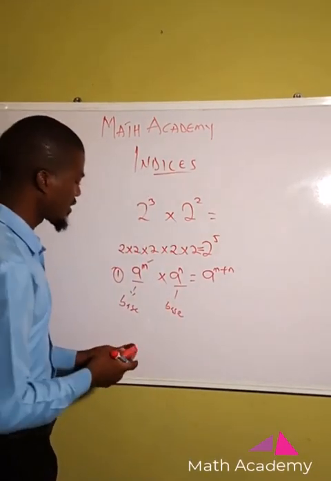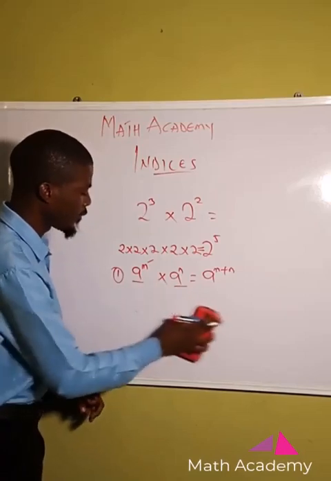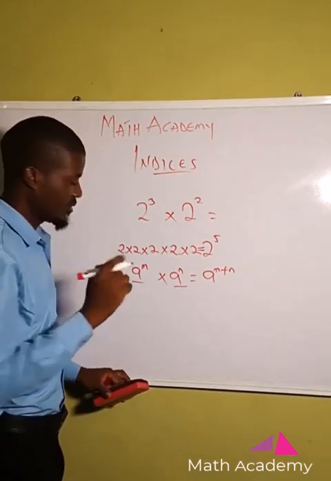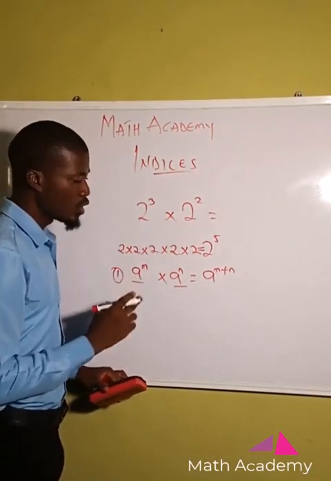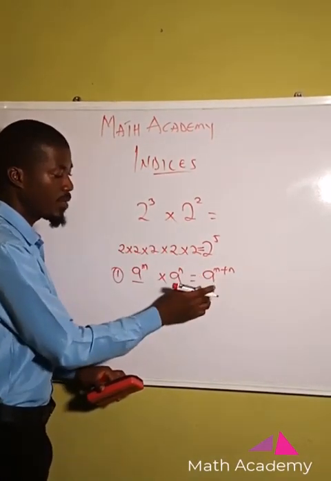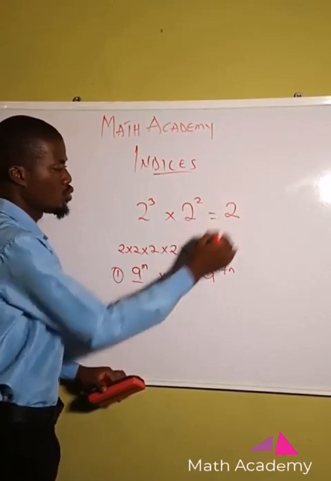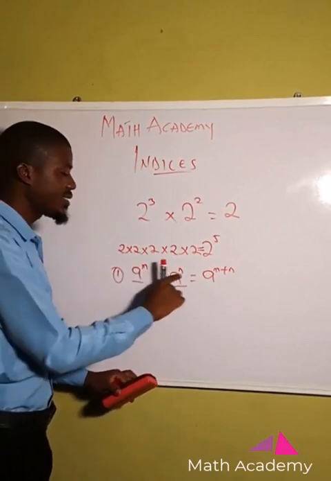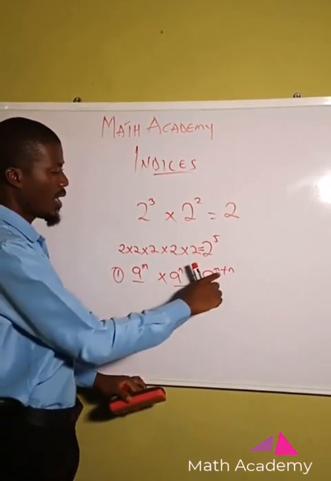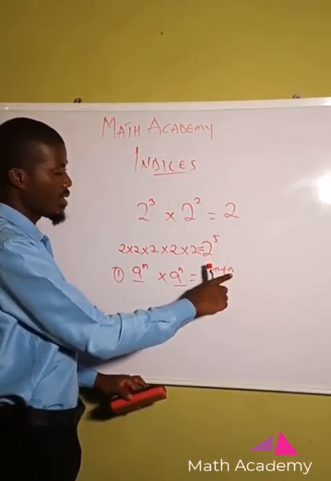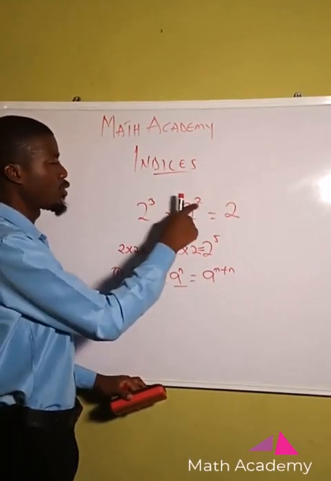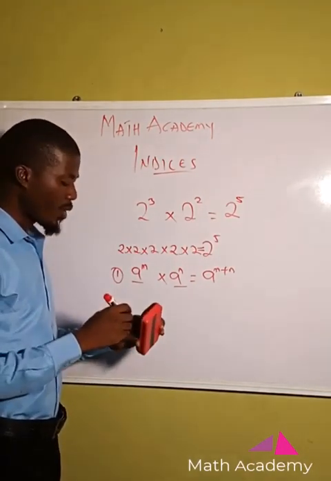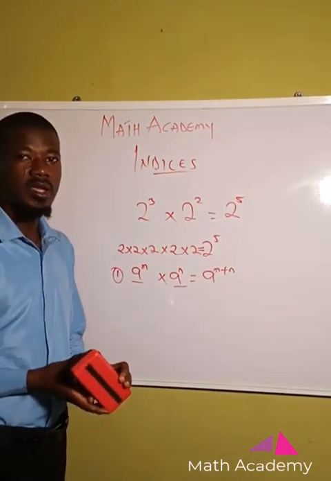For the rule to apply, the bases must be the same thing, a, a, or 2, 2. So you pick one base, pick one 2, pick one a, then add the indices together, m plus n. In this case, 3 plus 2 gives us 5, and that's how we put it here. This is how we apply the laws when solving indices.